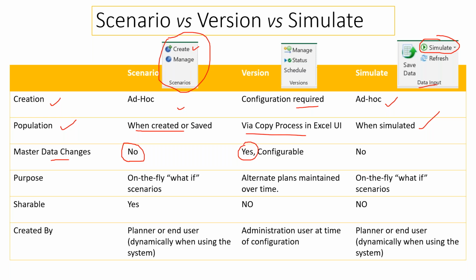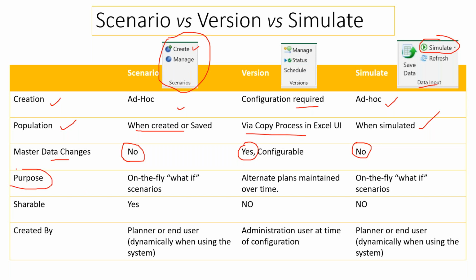So in the base version, the production plan lead time or transportation lead time is like 5 days. In the upside version it could be just 1 day. Run your supply plan, get a different plan. So the master data could be changed in the version. Simulate also it's no, because simulate is just an on-the-fly thing.